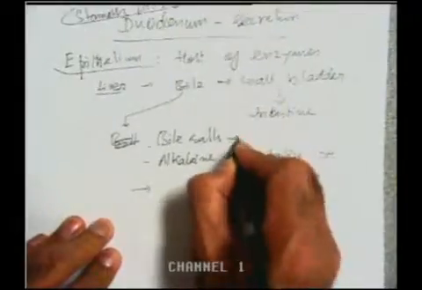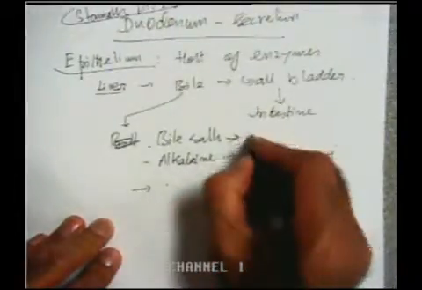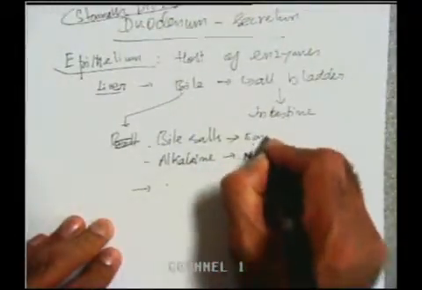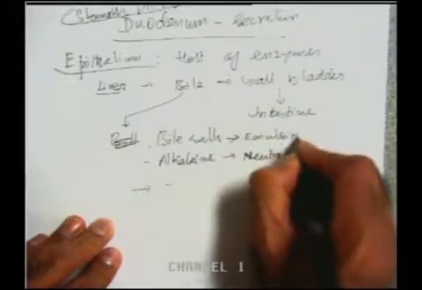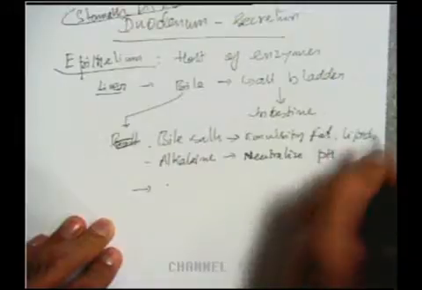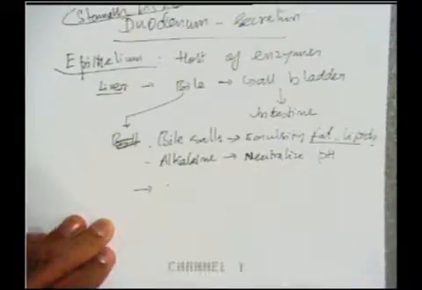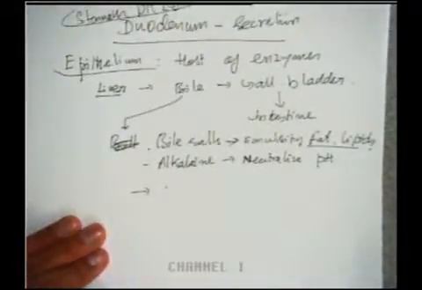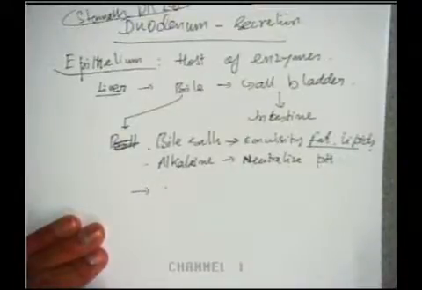What will the bile salts do? They help emulsify fat, the lipids. Whatever the oil or fatty substance, saturated or unsaturated, it doesn't matter. In your stomach, it won't be touched because of the acid environment.